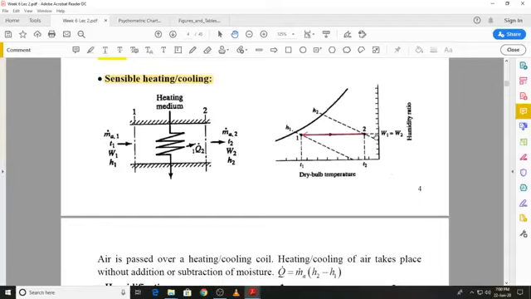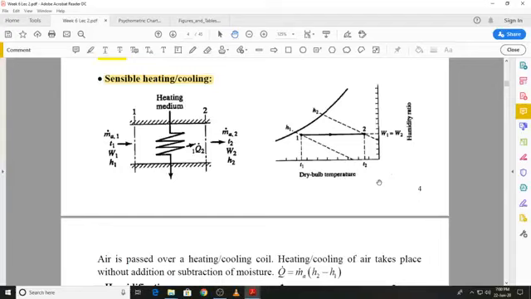In air conditioning, sensible heating is typically done by passing air over either electrical strip heaters or over a bank of tubes, which is called a heating coil, inside which some heating medium is circulating.